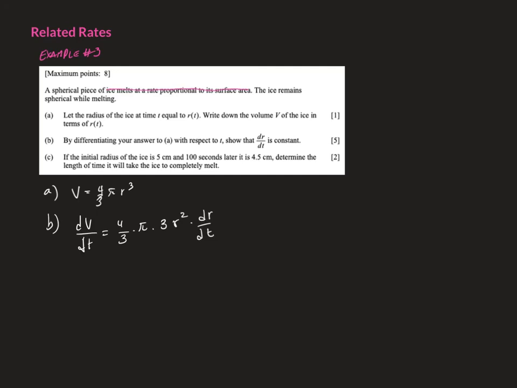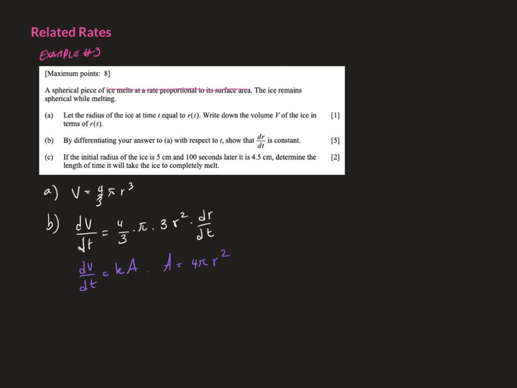The problem says that the volume changes in proportion to its surface area, and the surface area of a sphere is given by 4 pi r squared.